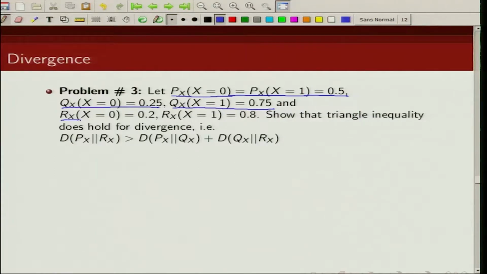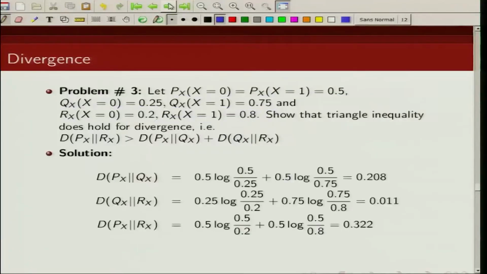And r of x, for x equal to 0 is 0.2 and for x equal to 1 is 0.8. We want to show that the triangle inequality, in other words divergence between p and q plus divergence between q and r, is not greater than divergence between p and r. So with this simple example we want to illustrate that the triangle inequality does not hold for divergence.